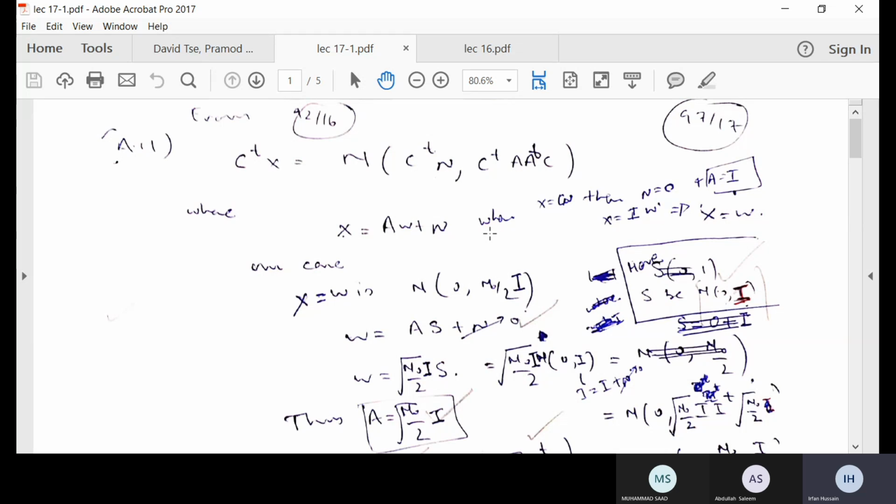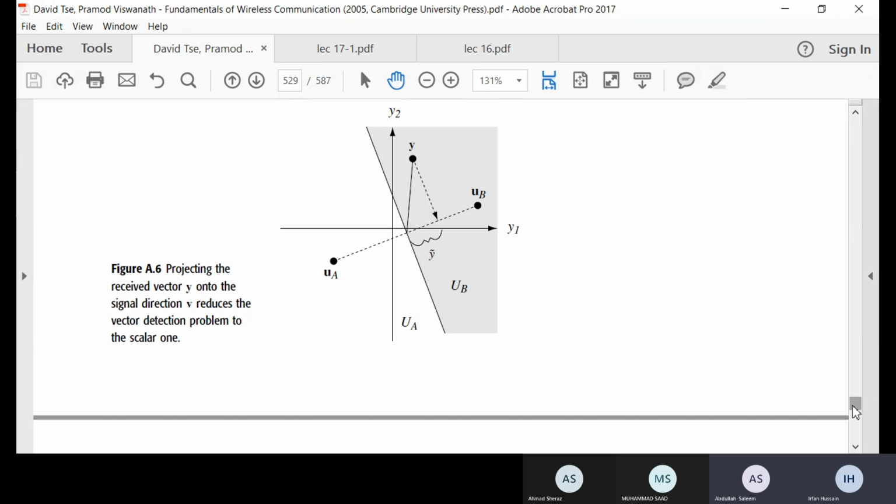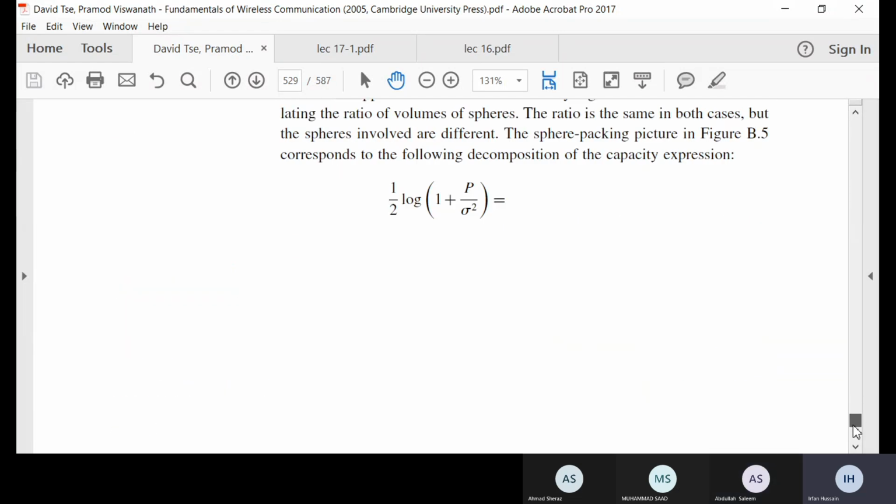Now we have this identity: if you multiply a vector x with another vector c, and that multiplication is a scalar product, where x is a normal Gaussian random vector having a mean mu, and given in terms of a standard random variable as Ax.